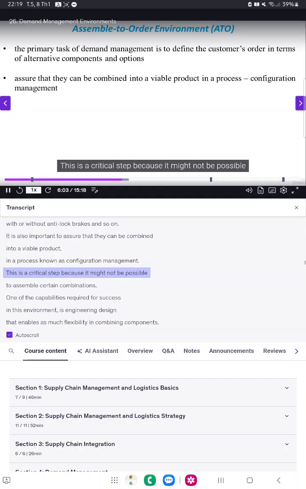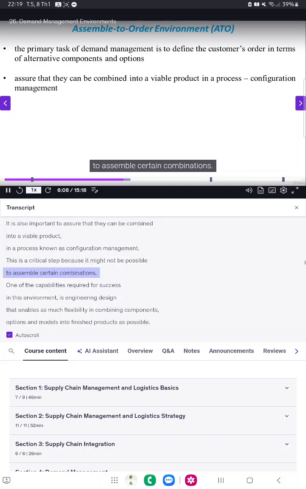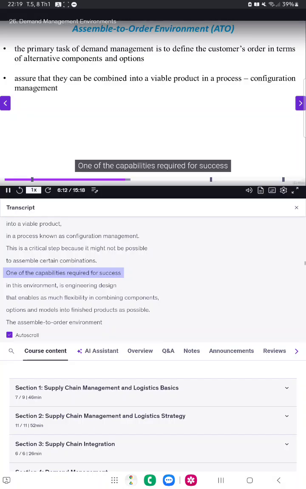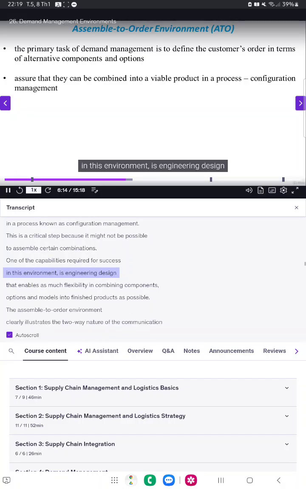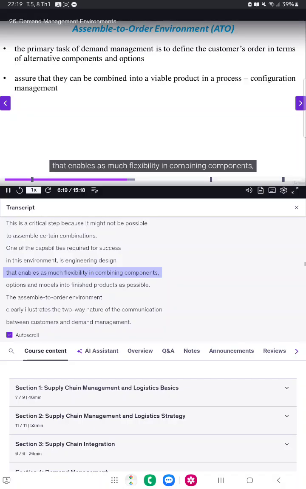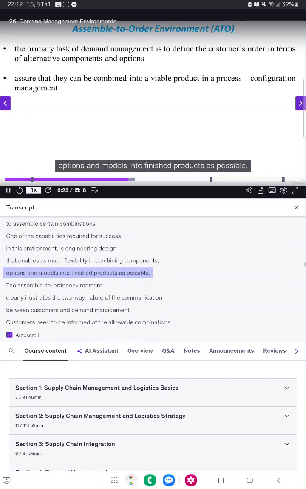This is a critical step because it might not be possible to assemble certain combinations. One of the capabilities required for success in this environment is engineering design that enables as much flexibility in combining components, options, and modules into finished products as possible.